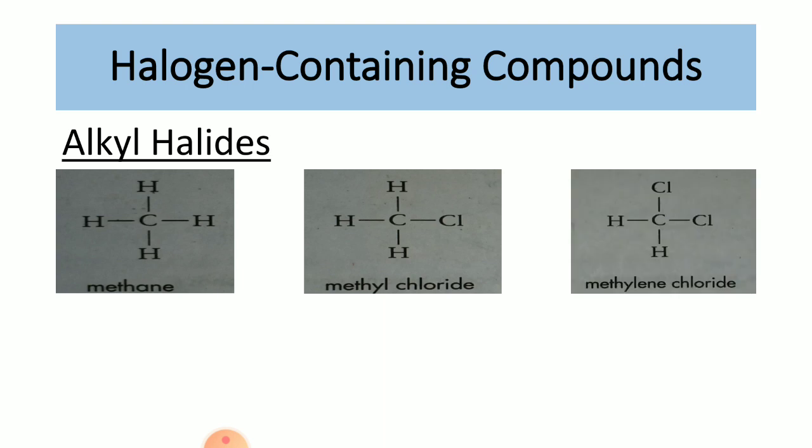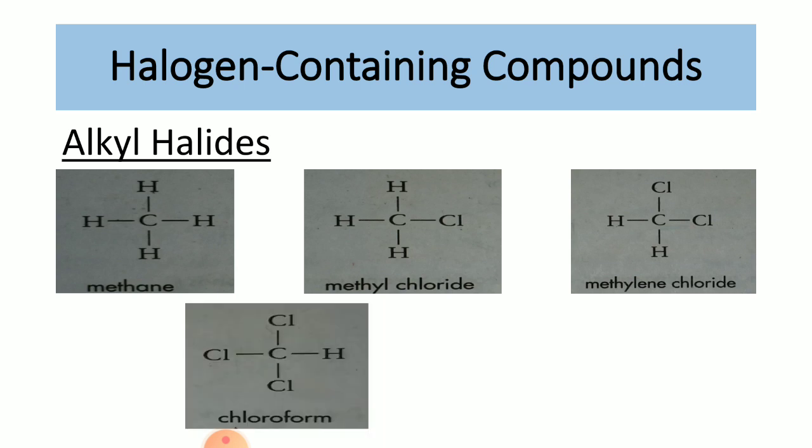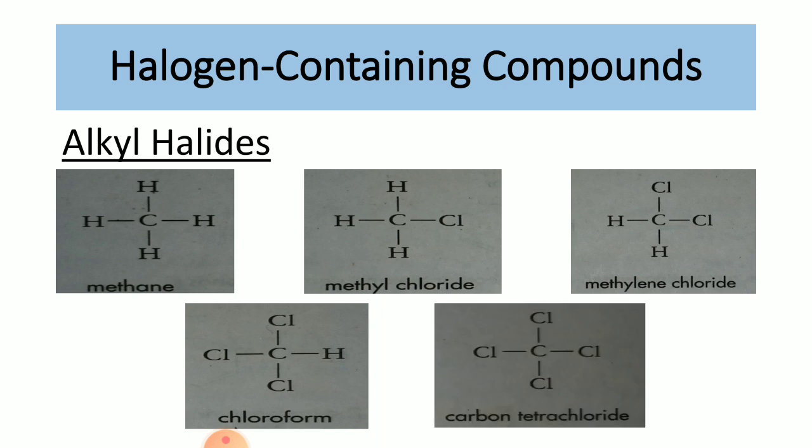Next, if two hydrogens are replaced with two chlorines, that will become methylene chloride. Then, if three hydrogens are replaced with three chlorines, that will become chloroform. And if all hydrogens are replaced with chlorines, that will become carbon tetrachloride.